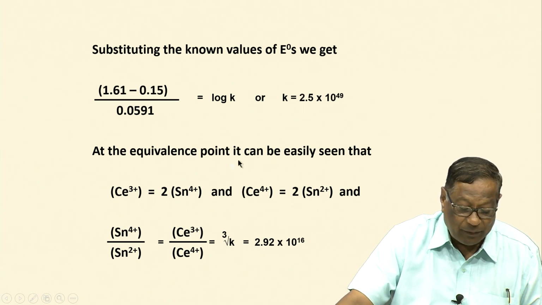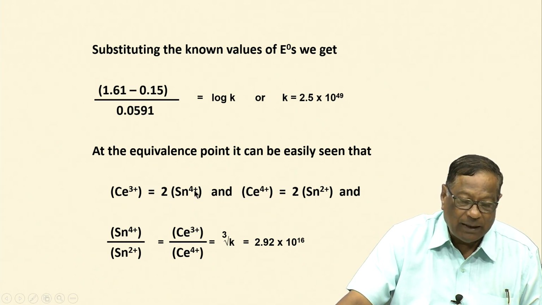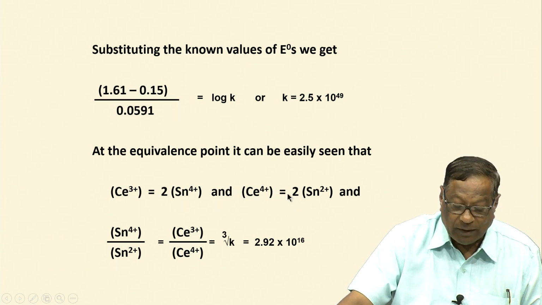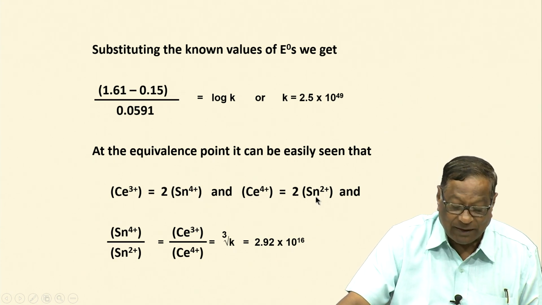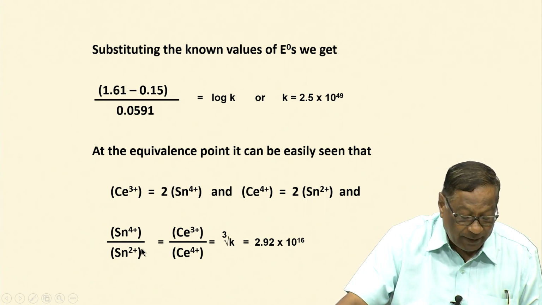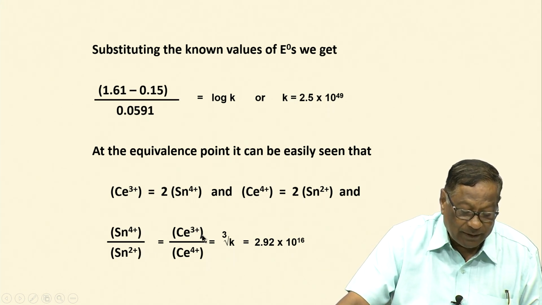And at the equivalence point, Ce3+ would be twice the concentration of Sn4+. Just think a little bit about it and you will get it. And Ce4+ would also be equal to 2 times the Sn2+. So, I can write the ratio of stannic to stannous, and the ratio of cerous to ceric is 3 times, this is 2 times the concentration, this is 1 time the concentration.